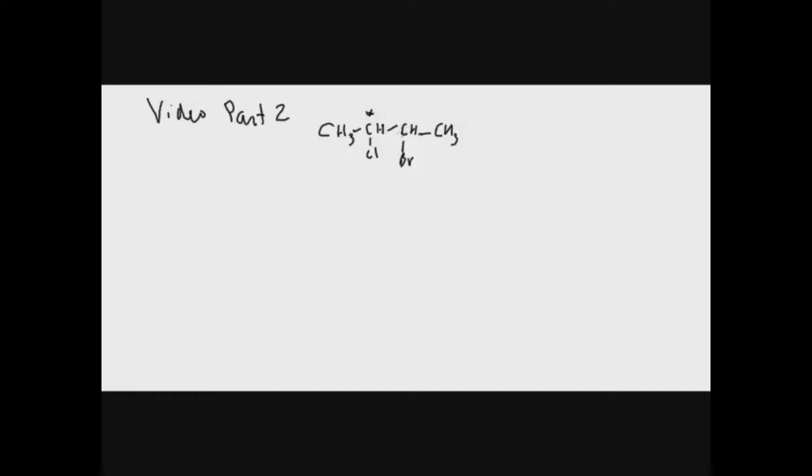The third carbon has this large group, the hydrogen, the bromine, and the methyl, 4 different groups. So that's a second chirality center, which we will star. Now our task is to find all of the possible stereoisomers for this structural formula.